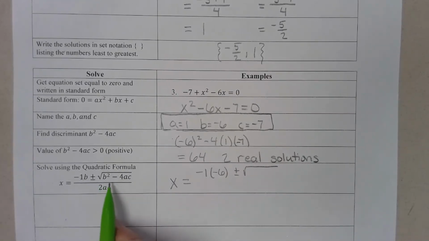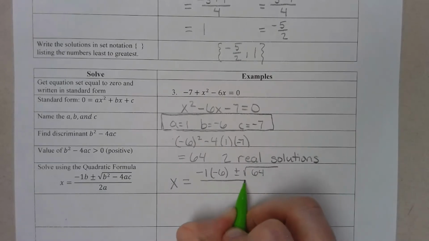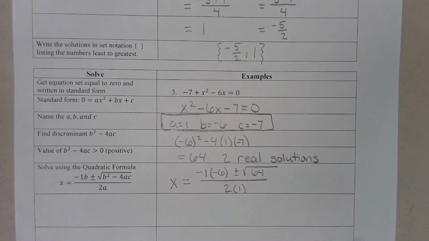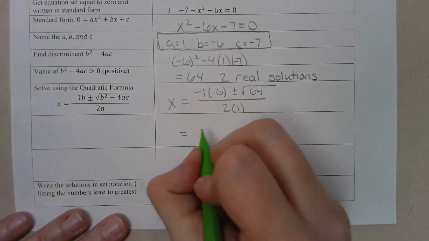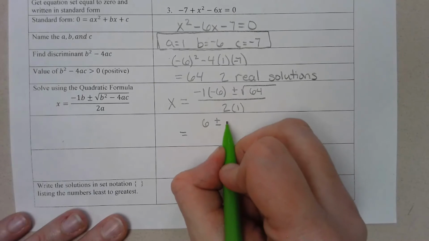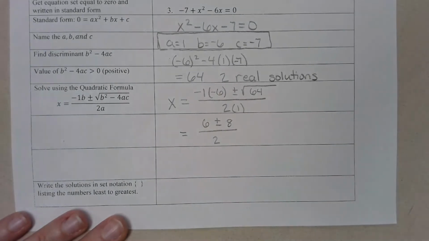We know that b squared minus 4ac equals 64. We just solved that, all over 2a. We're ready to multiply, take the square root, and multiply. So we get positive 6 plus or minus the square root of 64 is 8, all over 2.